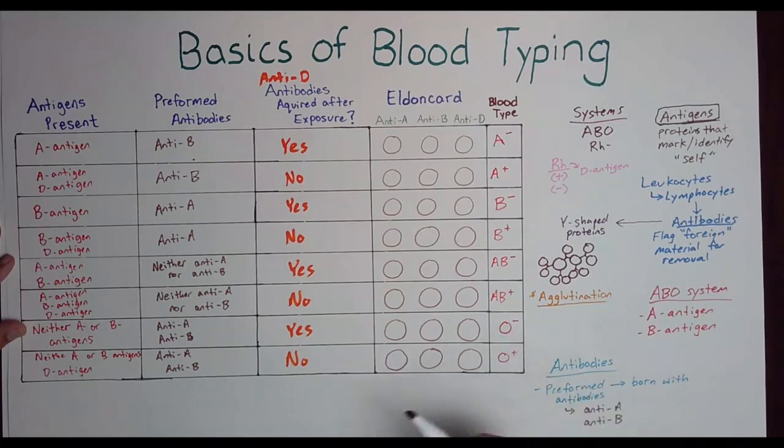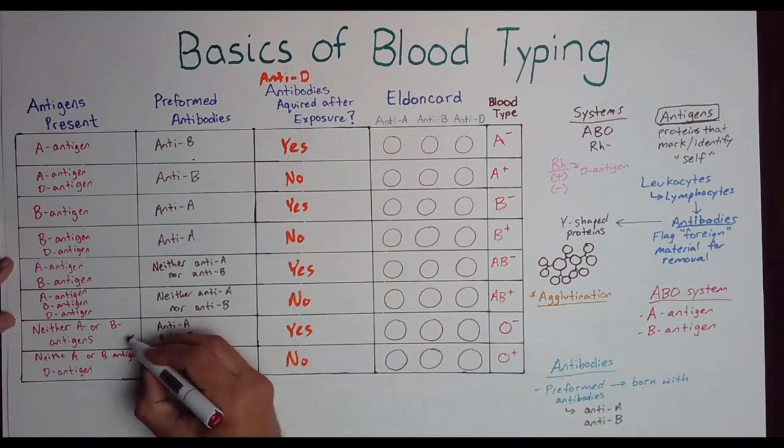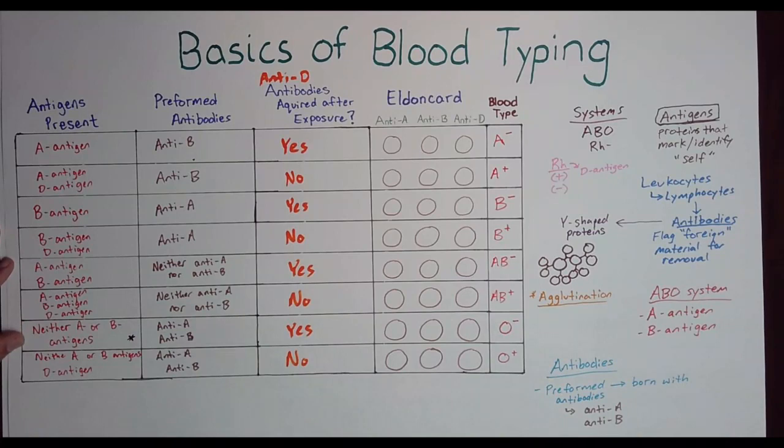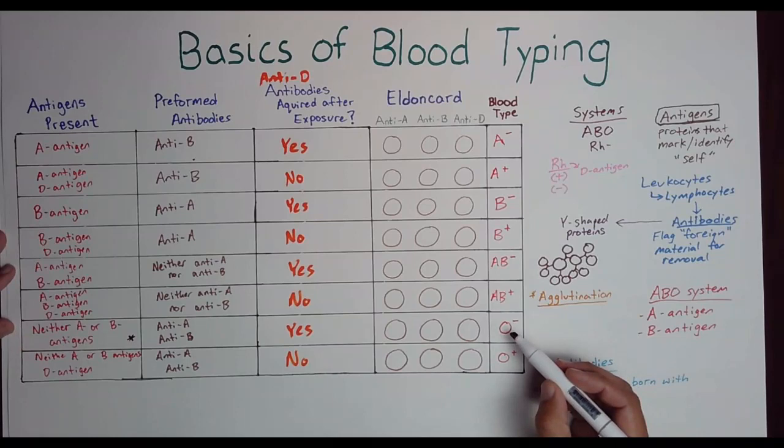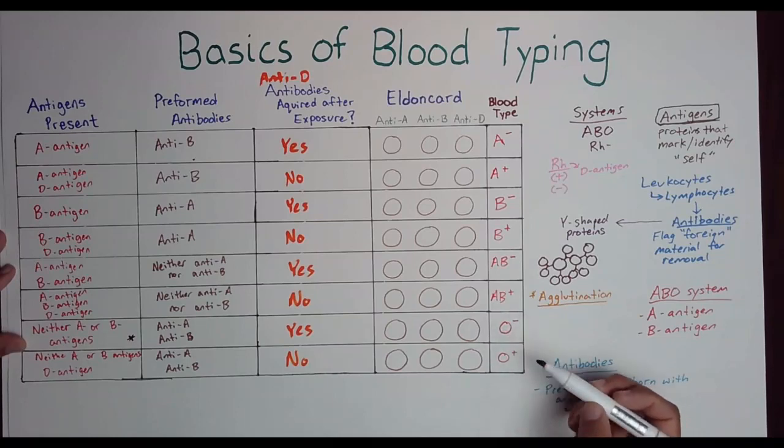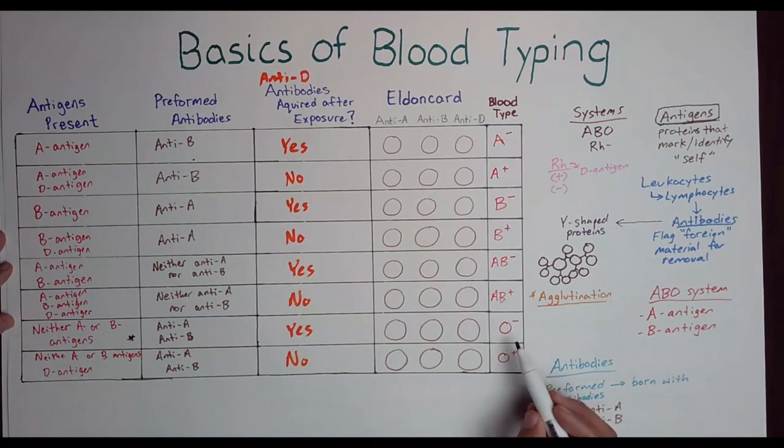And there's only one blood type that does not have any antigens, and that is O negative. They don't have A's, they don't have B's, they don't have D's. They don't have any of those antigens. And therefore, somebody that's O negative is going to be the best friend to the Red Cross. If the Red Cross finds out you're O negative, they're going to call you every other week for a blood draw. This blood can be given to anybody.